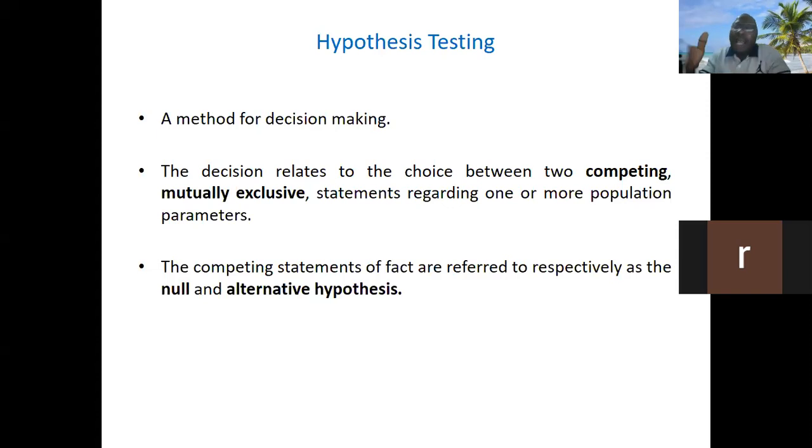Let me give an example. There's a difference in the rate of teenage pregnancy between the different socioeconomic statuses. Can you see? If I have 2 socioeconomic classes, upper and lower, I can say there's a difference in the teenage pregnancy rate between upper and lower socioeconomic classes, or even among low, middle, and upper classes.